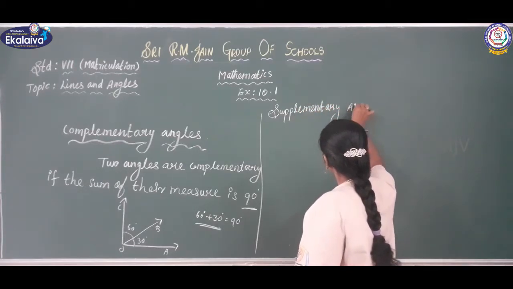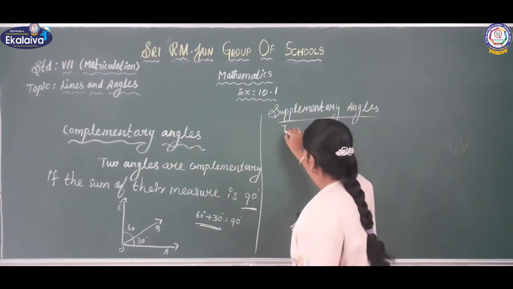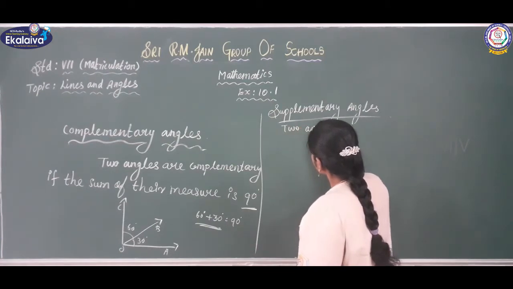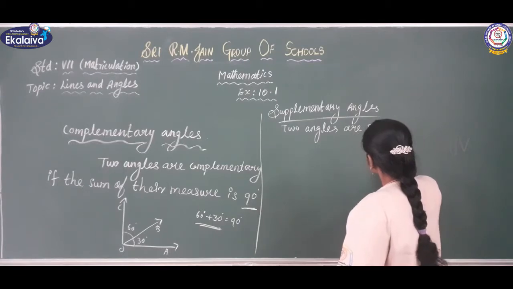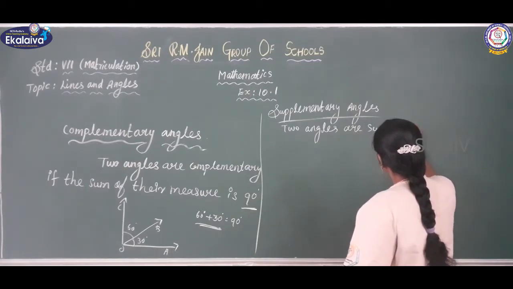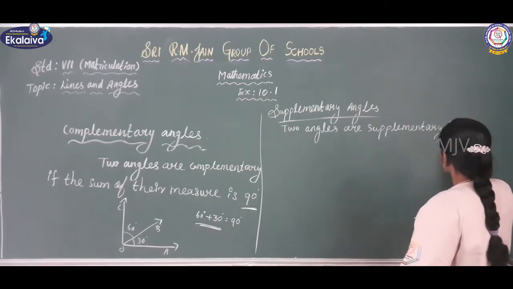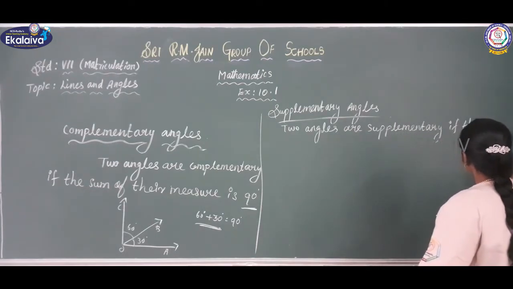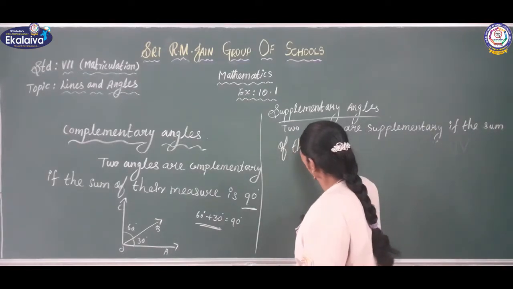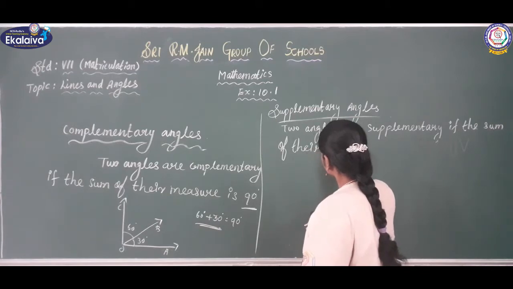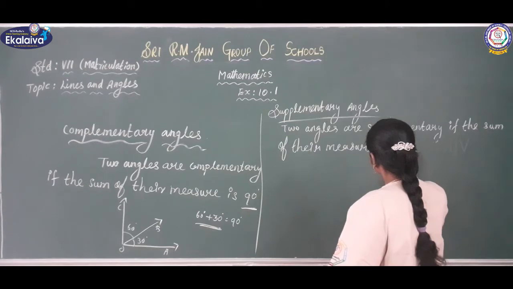Supplementary angles. Two angles are supplementary if the sum of their measures is 90 degrees.